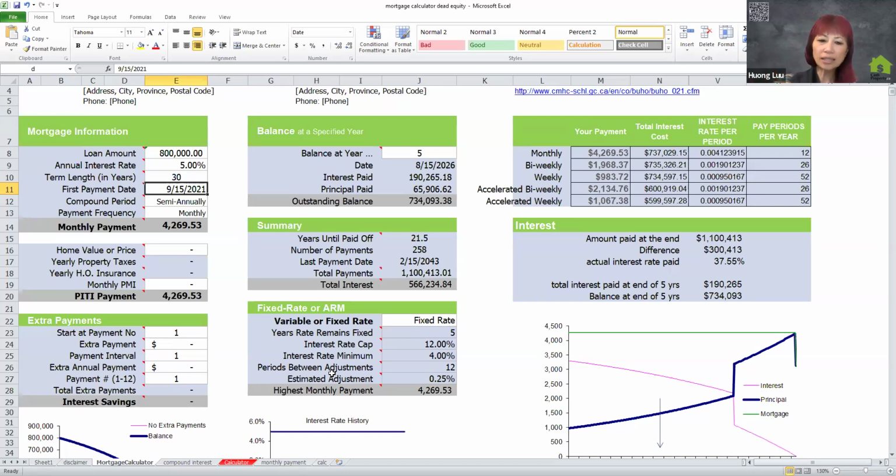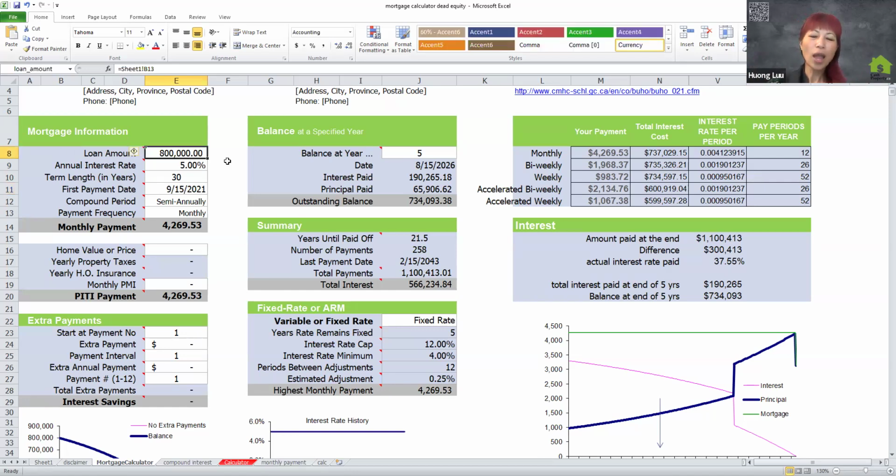Okay, so let's touch base on the amortization first, because that's an easier concept to understand. When you increase your amortization, it basically means that you're going to take longer to pay your loan back. I'm running an example here of getting a mortgage for $800,000.